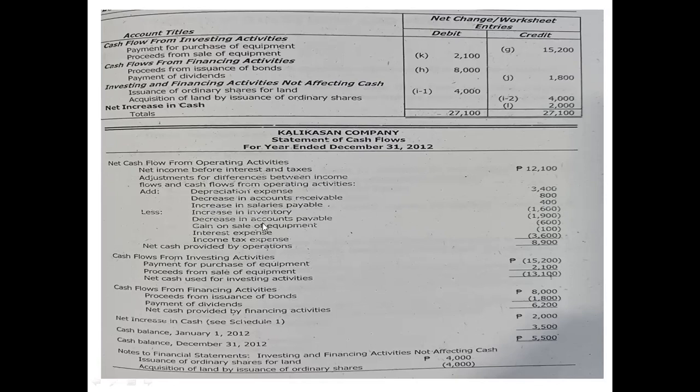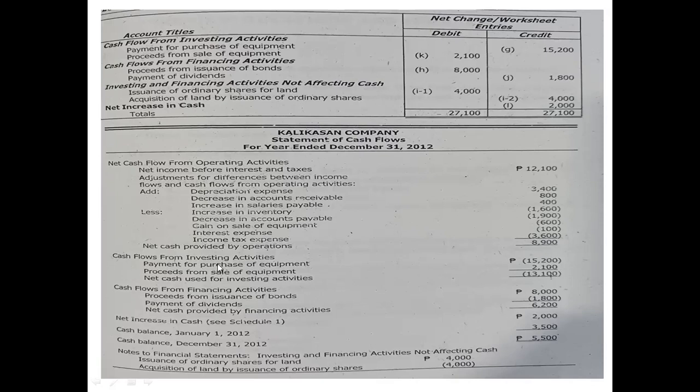And then less increase in inventory of 1,600, decrease in accounts payable 1,900, gain on sale 600, interest expense 100, income tax expense 3,600. So the net cash provided by operations is 8,900. So it's a positive amount.